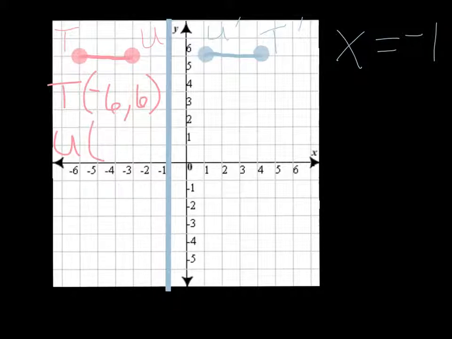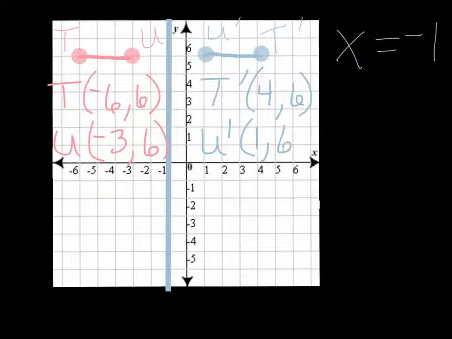And U is at -3, 6. So then on this side, T prime is now at 4, 6, and U prime is at 1, 6.